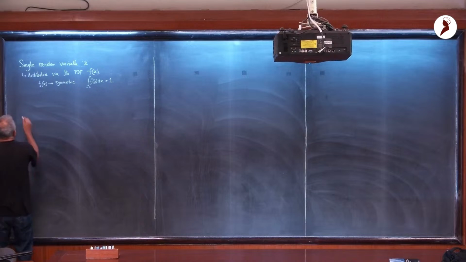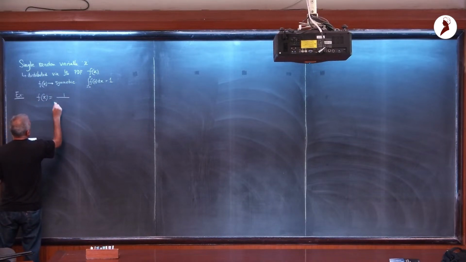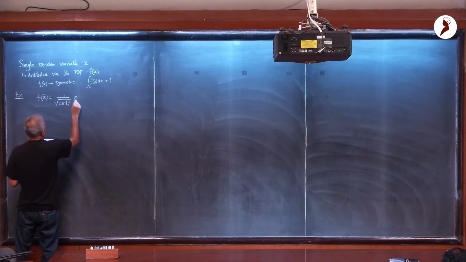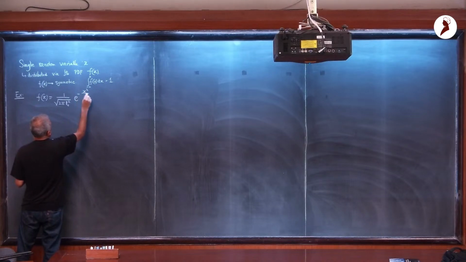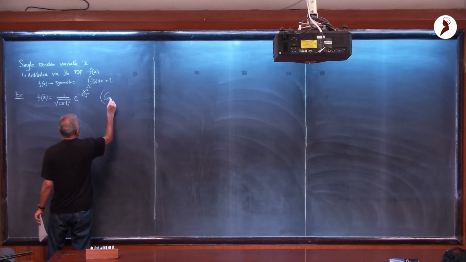So I gave you a few examples. Let me recall the one which we normally come across often. So this is the standard Gaussian distribution with zero mean.